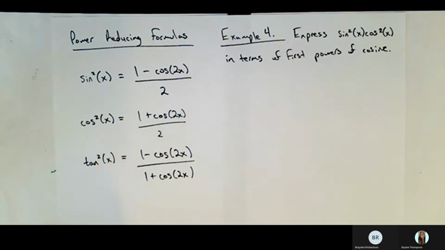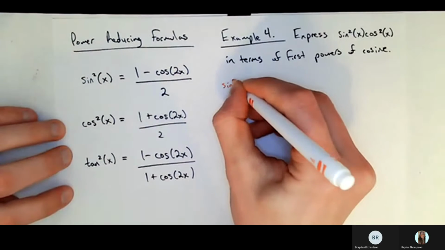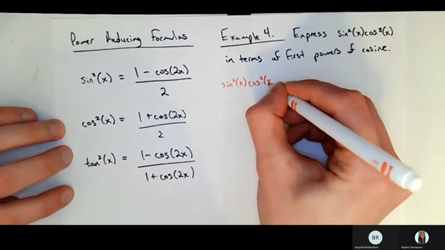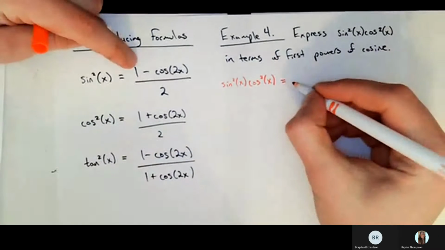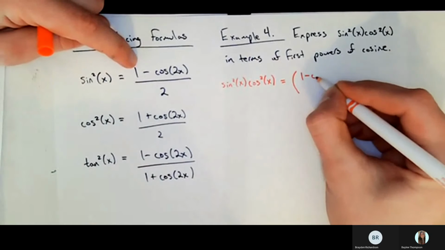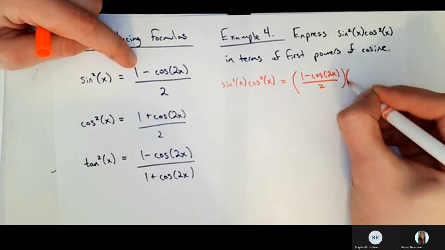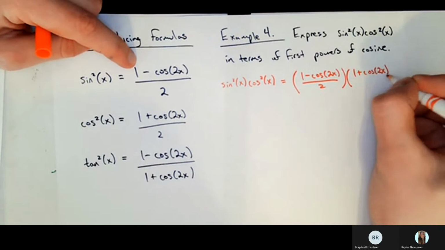So sine squared x times cosine squared x, from my formulas over here, I'm getting 1 minus cosine of 2x all over 2 times 1 plus cosine of 2x all over 2.